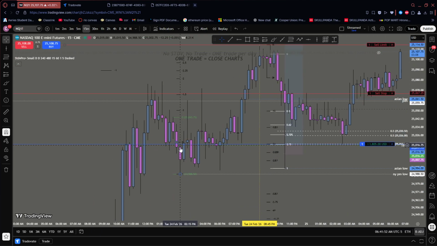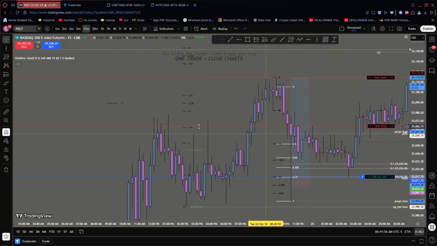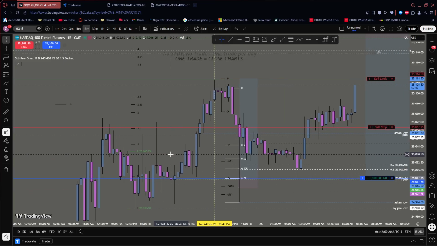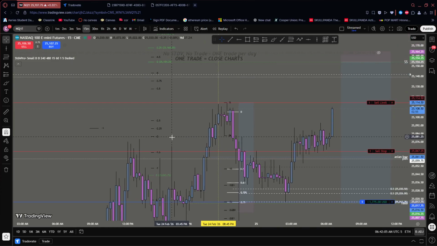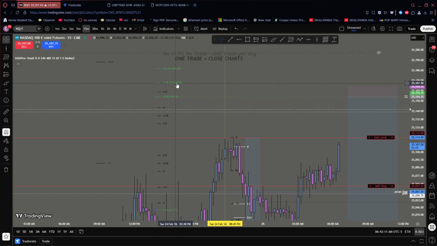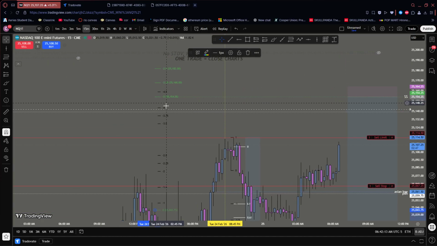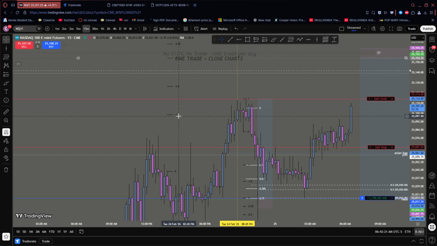I had standard deviation here, and as you see, at negative 1.5 we caused this huge wick reaction down. That's what validated the standard deviation for me. It was this green one.